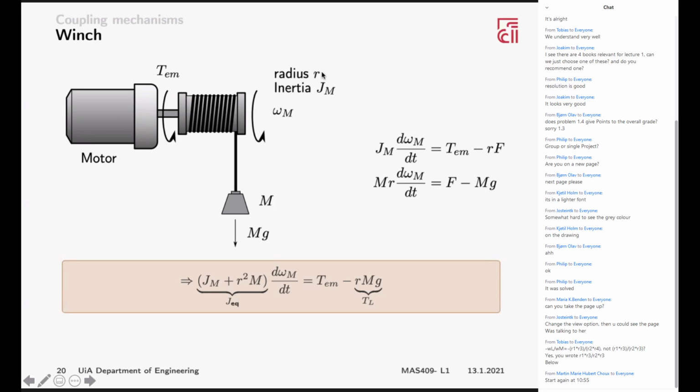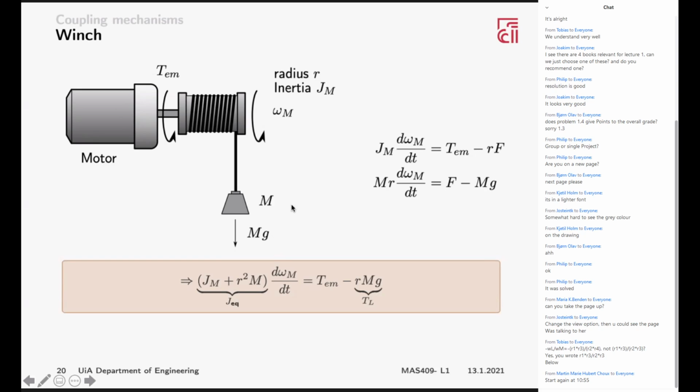The winch has a radius R and inertia Gm. And we have a mass M attached to the end of the rope, so we have a force mg. If we take Newton's law for the motor shaft, then the inertia times the acceleration is equal to the applied torque minus the force times the radius.